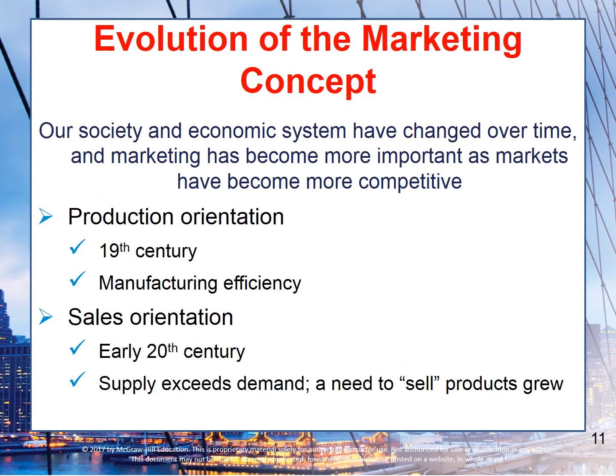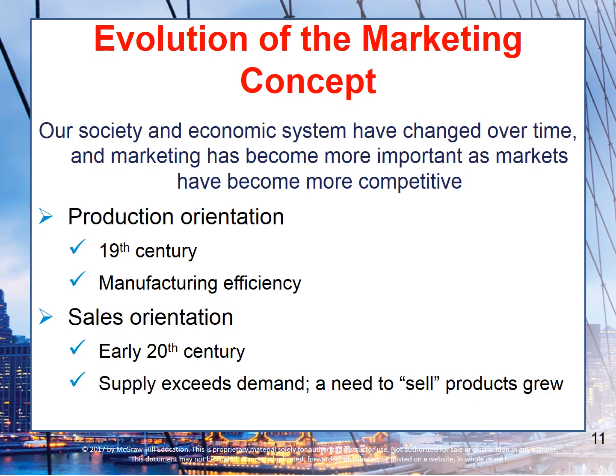The marketing concept was a concept that's been developed over time. During the second half of the 19th century, the Industrial Revolution was underway in the U.S., and this phase of development represents the production orientation with its focus on manufacturing goods with increasing efficiency.